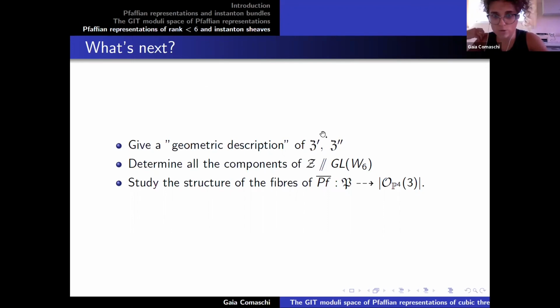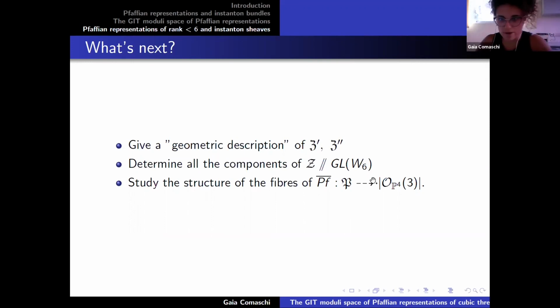What we need to understand is whether these are actually isomorphisms, or just birational. Is it possible to give a concrete geometric description of these two components? And are these all the components in the quotient of the locus of matrices of generic rank less than or equal to 4, or do we have other components?